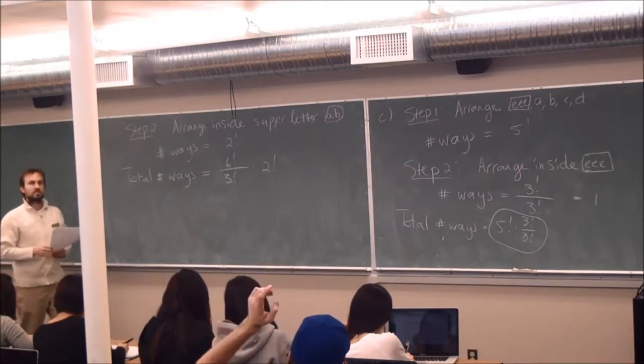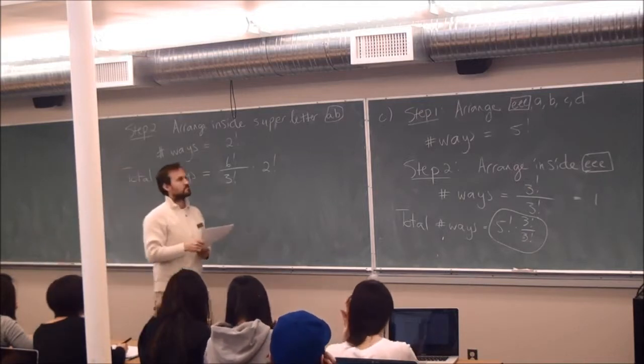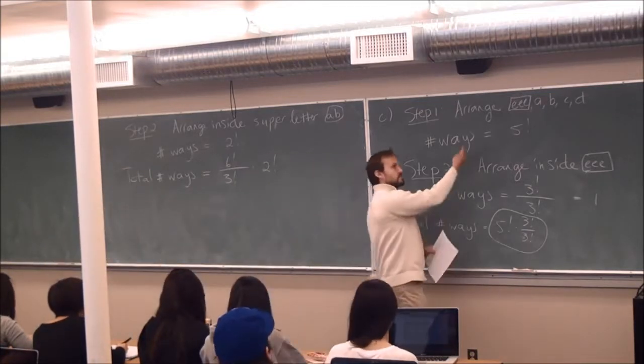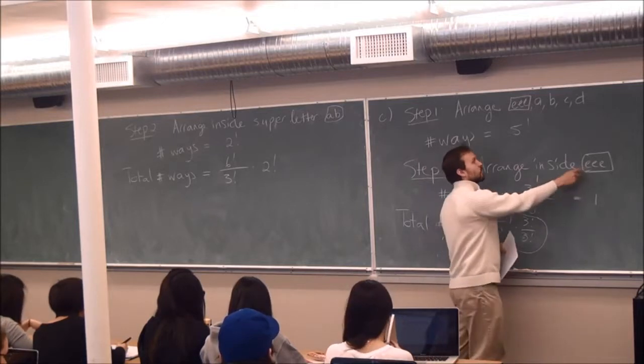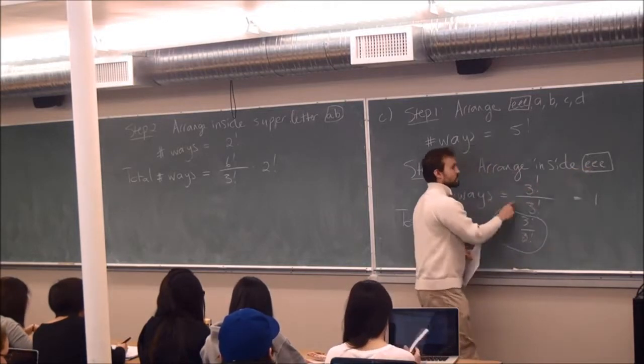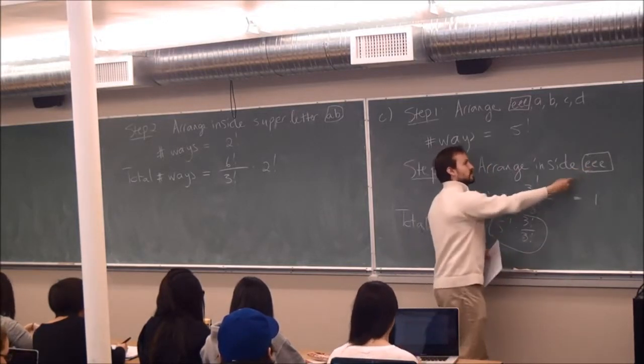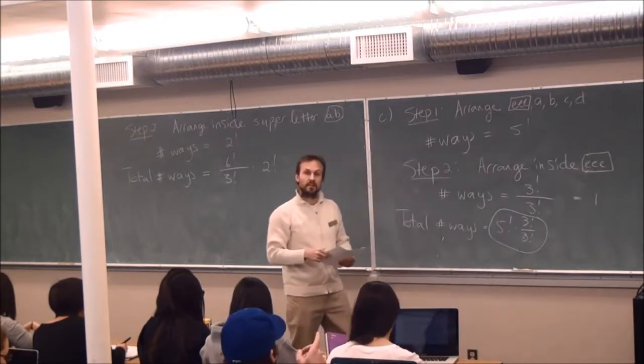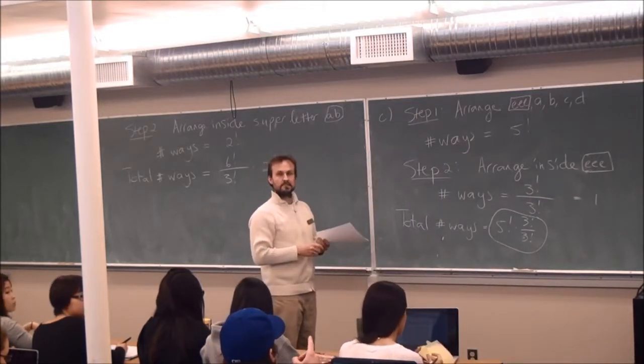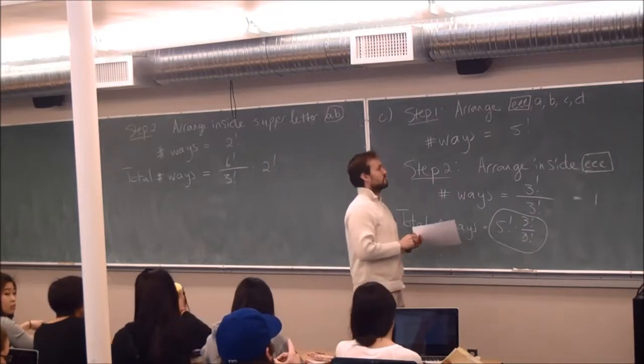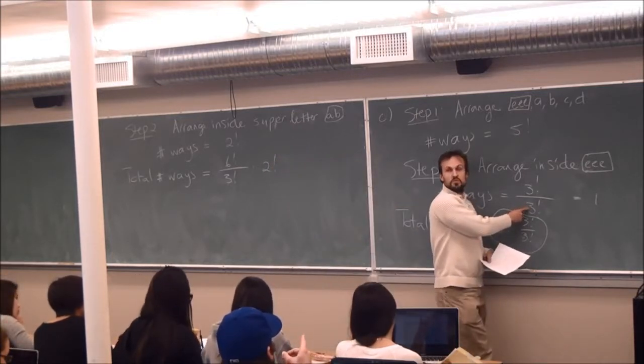Any questions on part C? Does this answer your question? Yeah. So the steps aren't affected by what's inside the super letter. It's the number of ways for step 2 that depends on that. Yes. So if EEE was, say, EFE, the number of ways would change your factorial to 2 factorial?